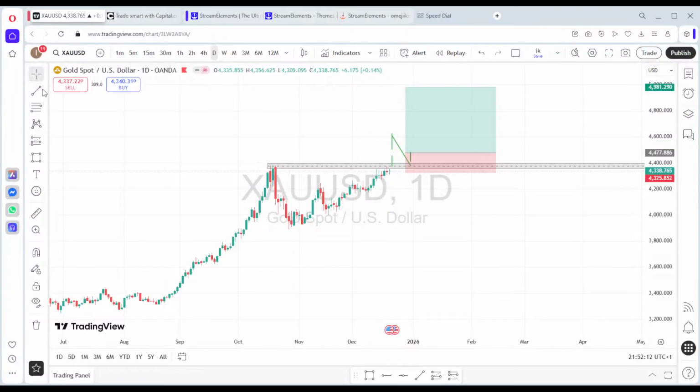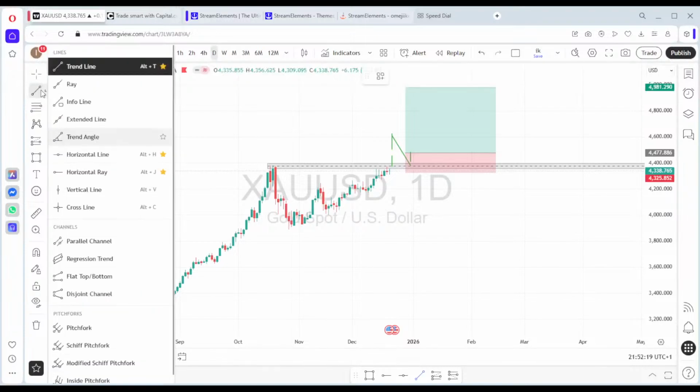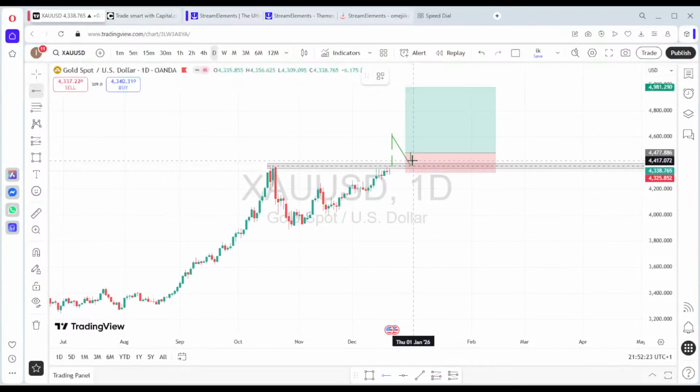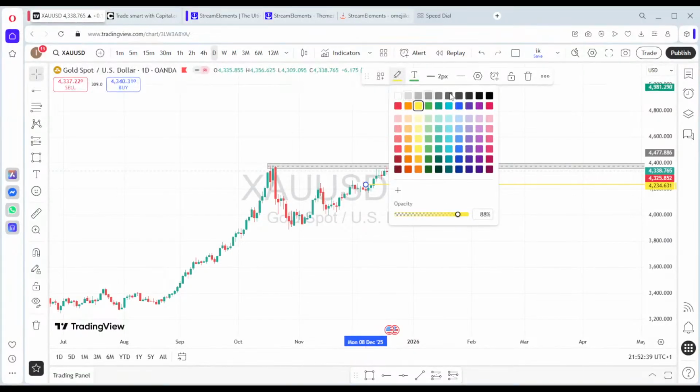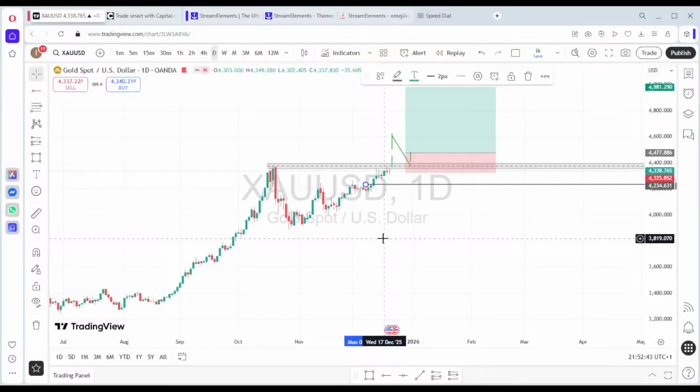Then apart from that, the second place you could buy is what I want to show you. Now, I'm taking this as another order block. Let me change it to black, because that's from the daily time frame.